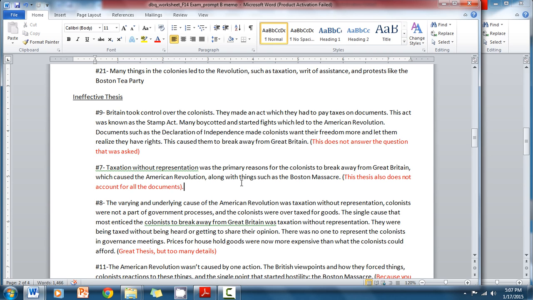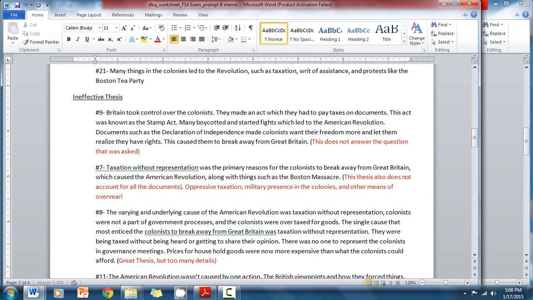So maybe a different way to state this was: oppressive taxation, military presence in the colonies, and other means of overbearing oppression were the causes of the American Revolution. I'm just making up something right here because I have nothing else to work with from this thesis.